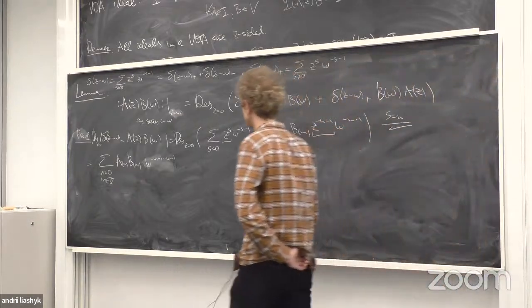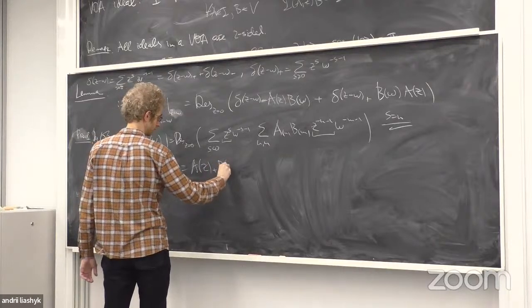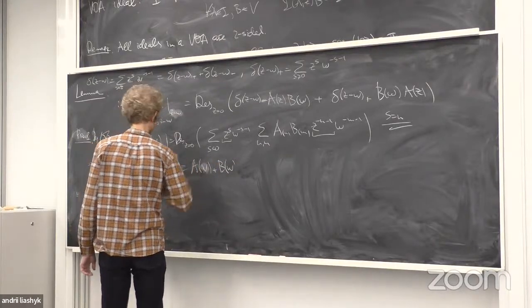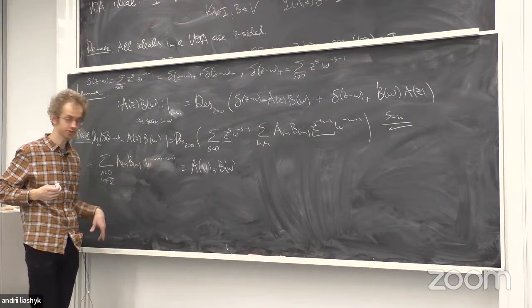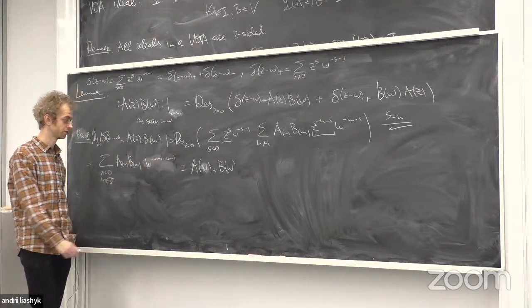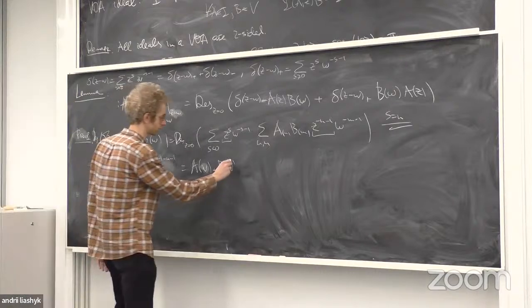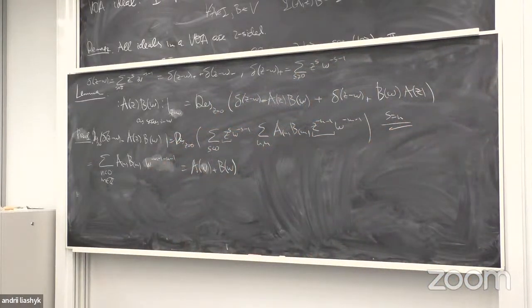And we want this to be A of z plus B of w. Is it true? Just by definition, right? So here we have the sum of the degrees, and here we take n less than 0. And this corresponds to A of w, B of w. Good.